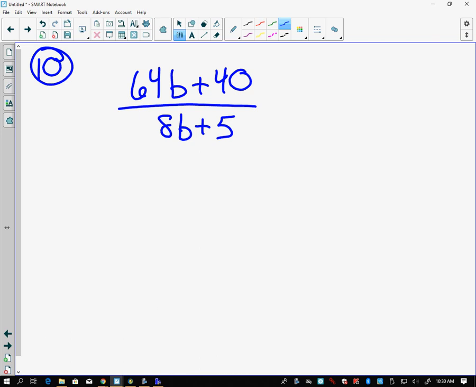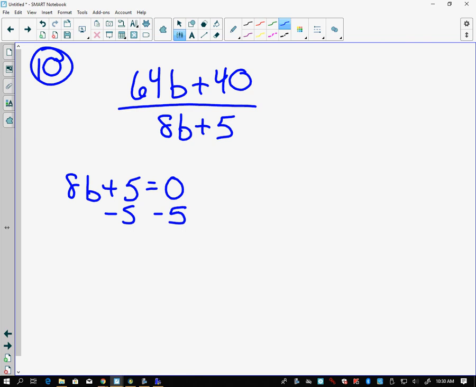How do I find excluded values in something like this? What would give me an excluded value? A number for b that causes my denominator to equal 0. So what am I going to do in order to find that value of b? 8b plus 5 equals 0.